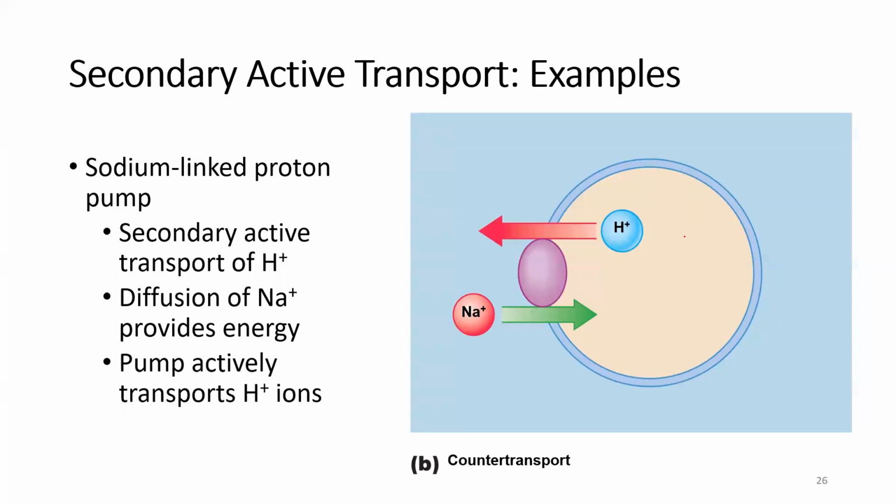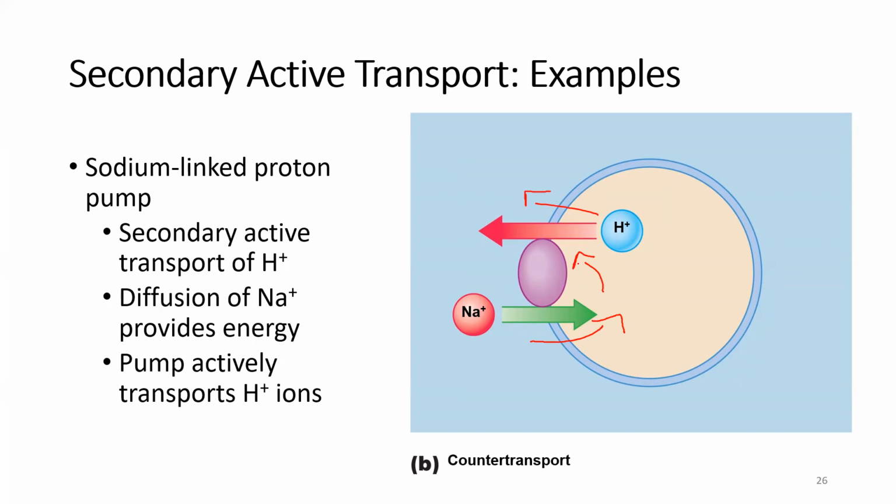Another example of this is the sodium-linked proton pump. Now, this is called counter-transport. It's the same type of mechanism, so same thing is happening here. We're liberating the energy via the movement of sodium down its concentration gradient, and then we're using that energy to drive the movement of hydrogen ions or protons against their concentration gradient.